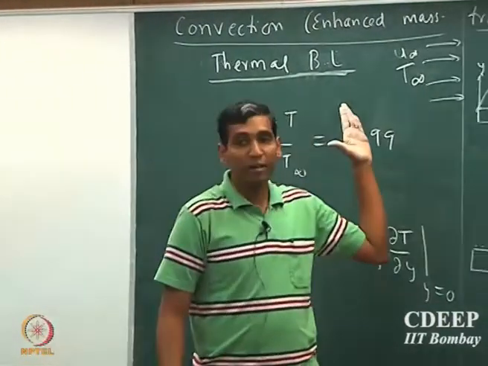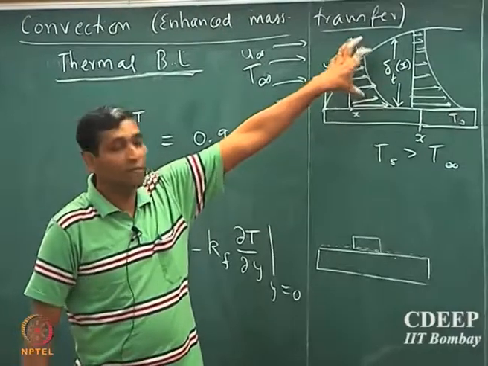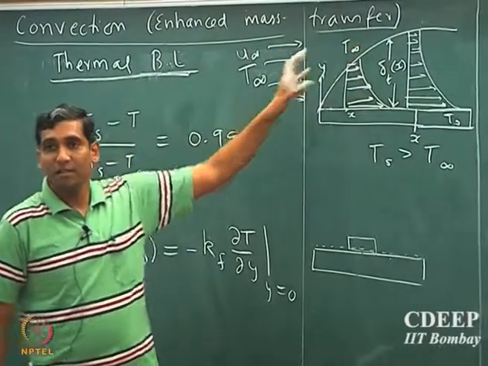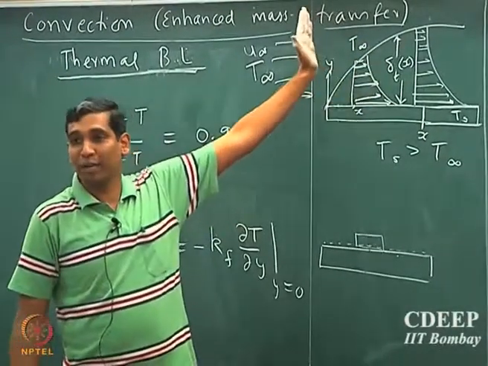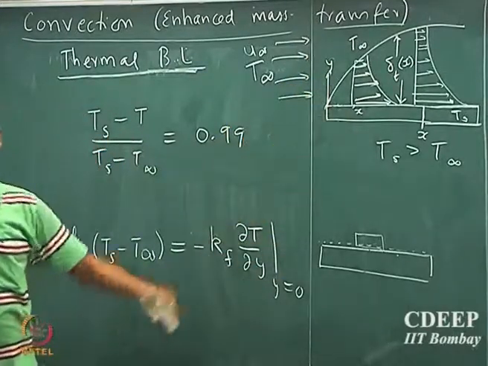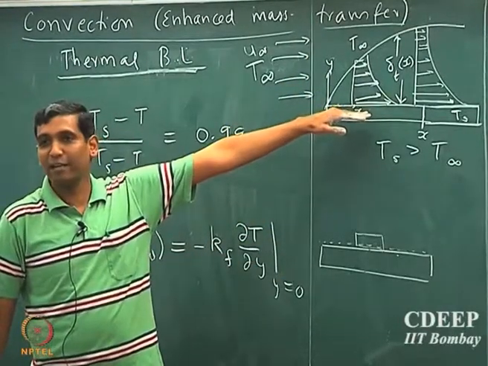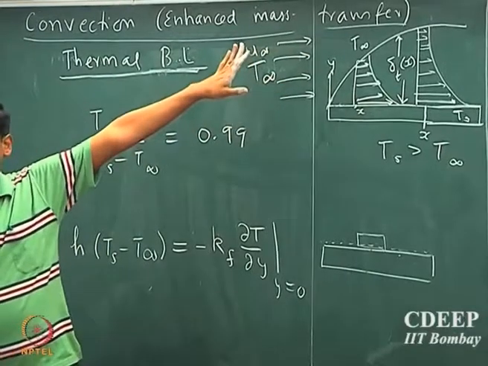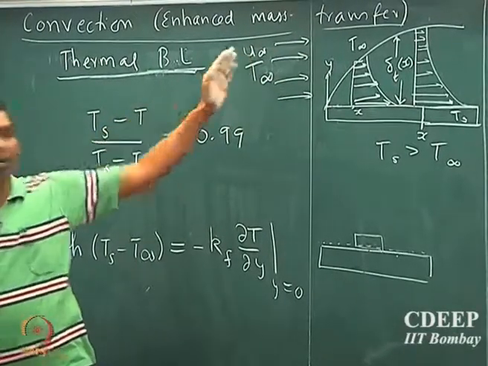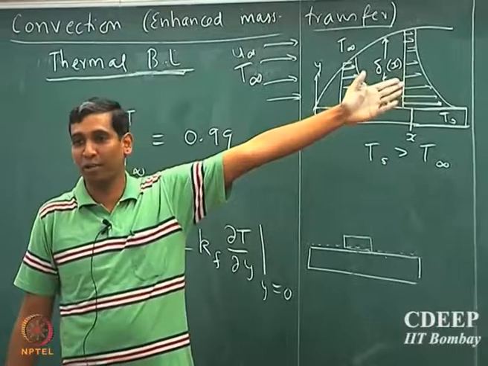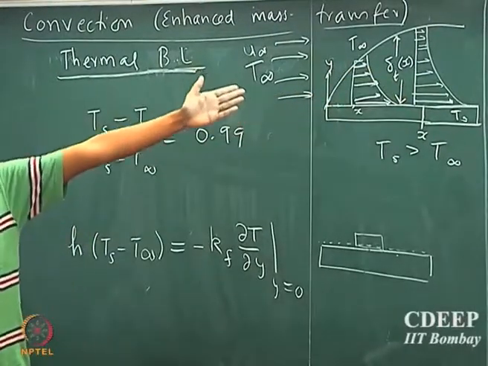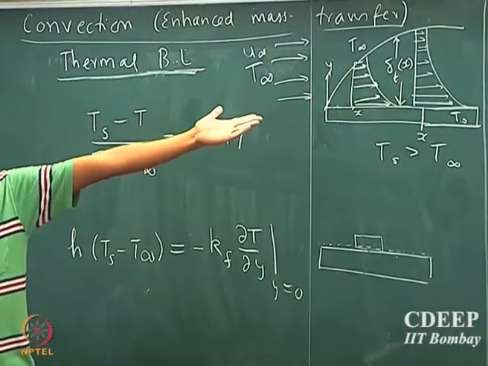Here the fluid is also moving, so in the fluid stream there is a temperature gradient in both directions. You can't assume that whatever heat is being transported is simply being used for heating up the fluid. That's not a correct assumption, because convection is also playing a role here. It's not a pure increase in the capacity of the fluid.